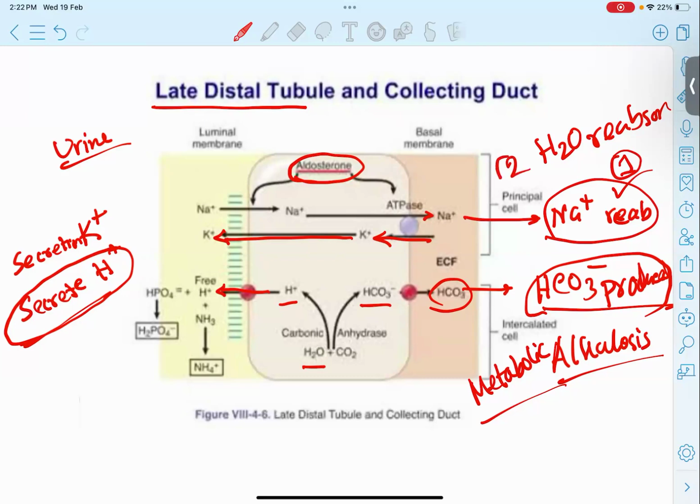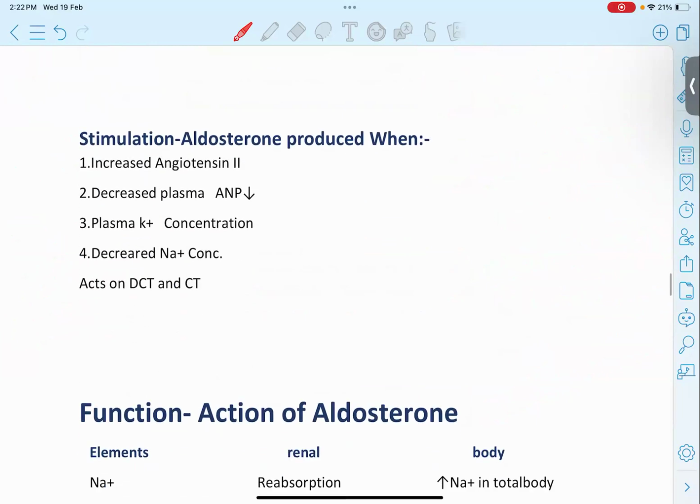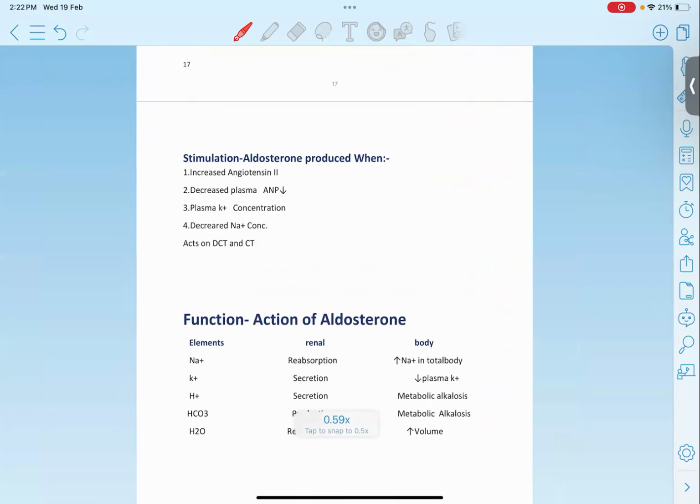Number two, reabsorb water. Number three, secrete potassium, number four, secrete proton. Number five, production of bicarbonate, and working towards metabolic alkalosis.